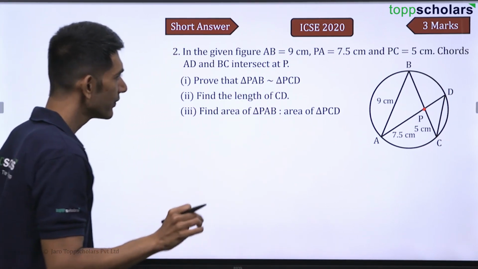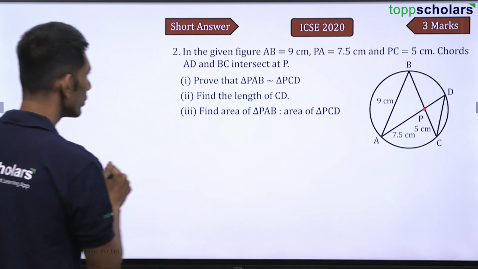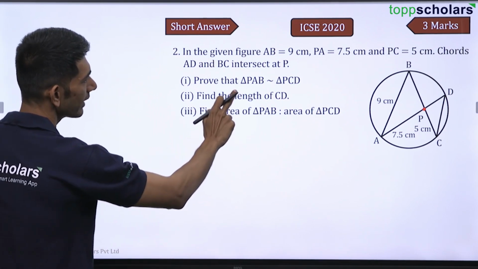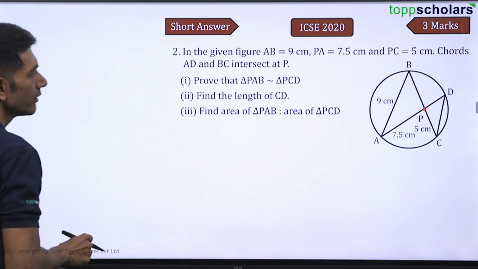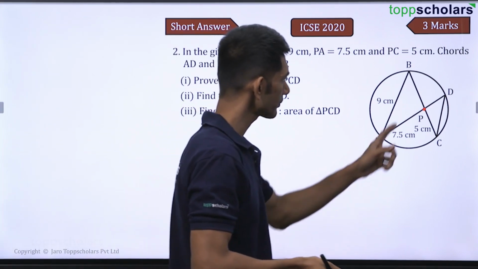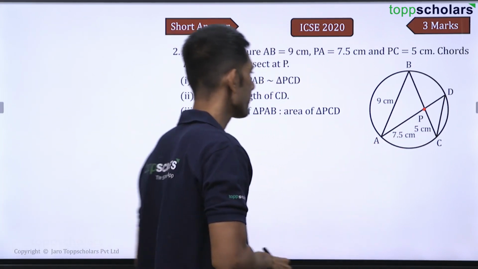This is very simple. Firstly, let us focus on proving the two triangles similar. That is triangle PAB similar to triangle PCD.